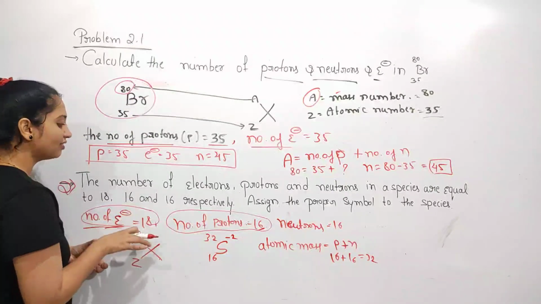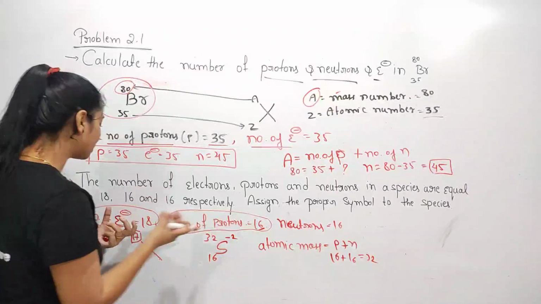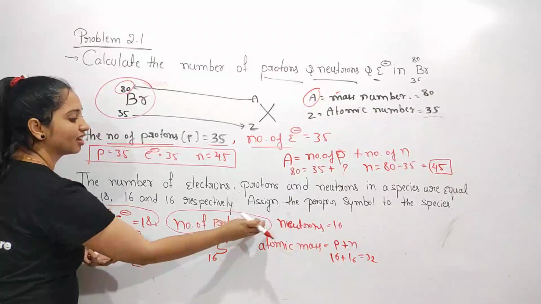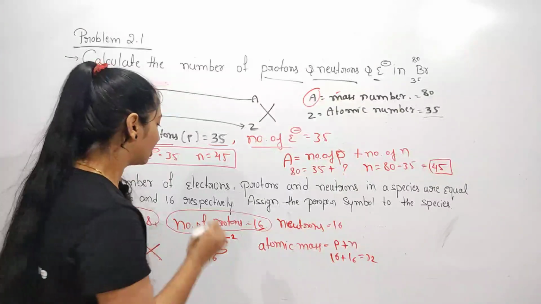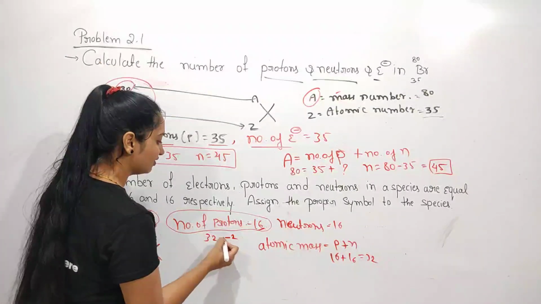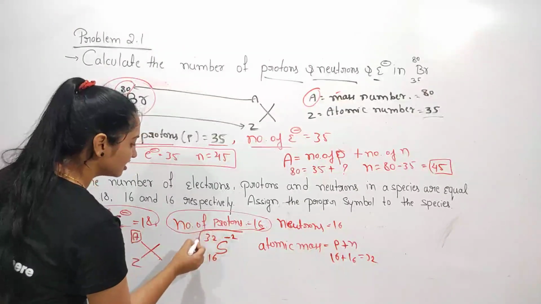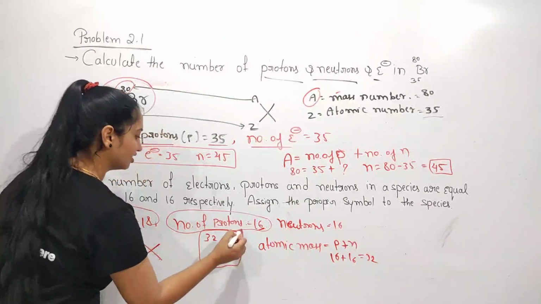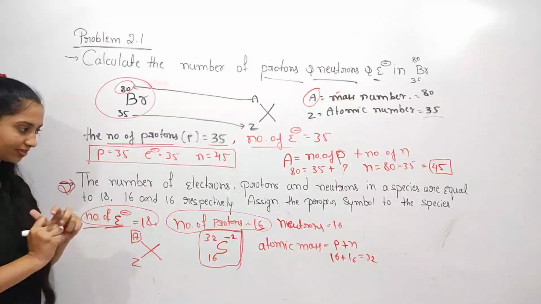Here what do I have? 2 extra electrons. So here the 2 electrons are added to this 16. That's why the extra electrons are written with a negative sign and the number here. So like this, our species is this one. So this is the answer for this question.